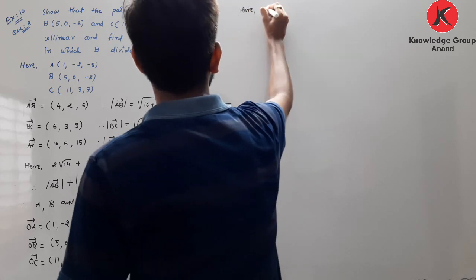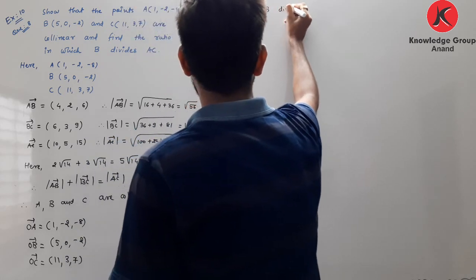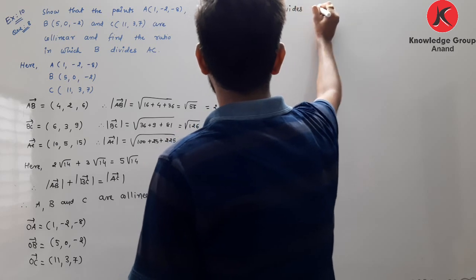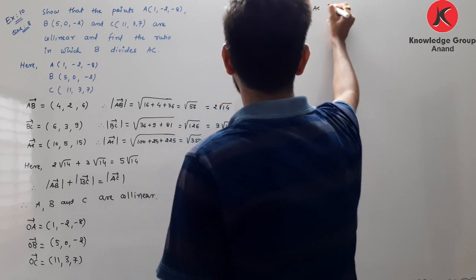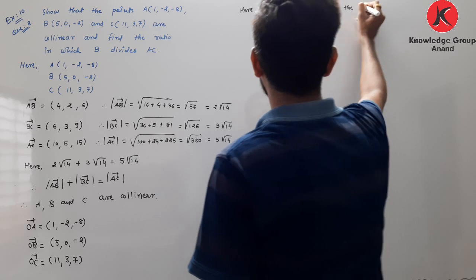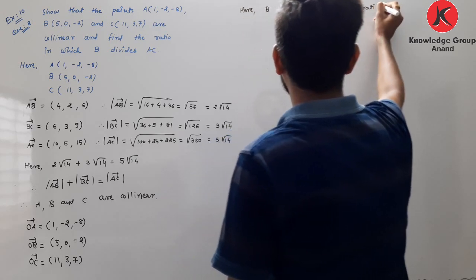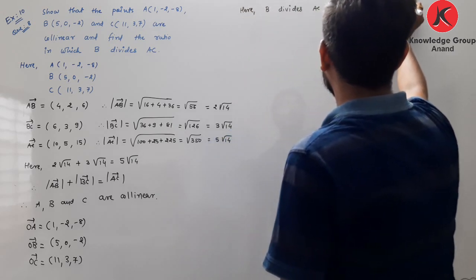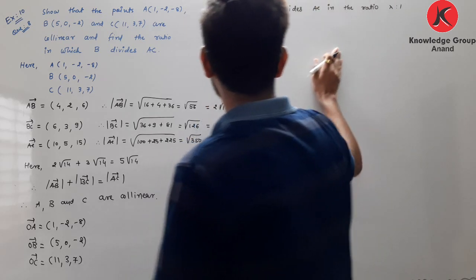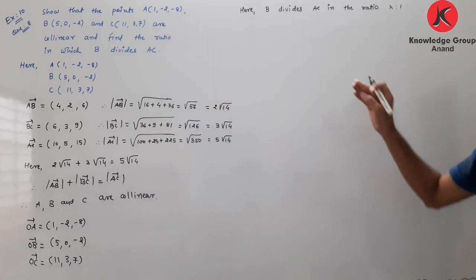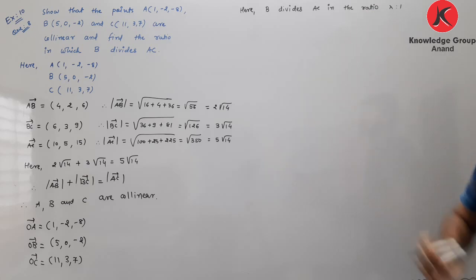Here point B divides the line segment AC in the ratio; I am taking the ratio lambda is to 1. Okay, we assumed lambda is to 1, so we need to obtain lambda.